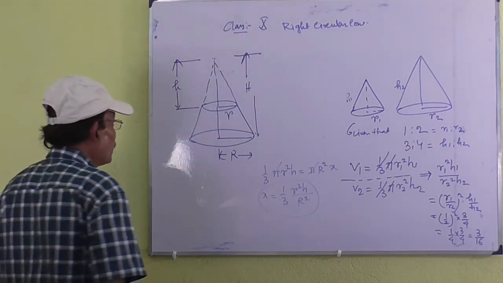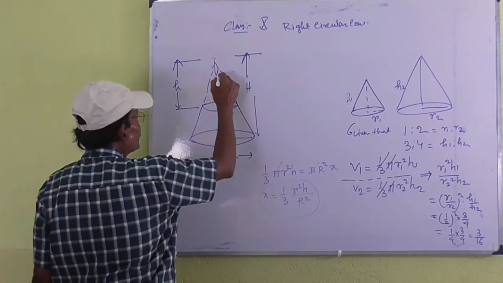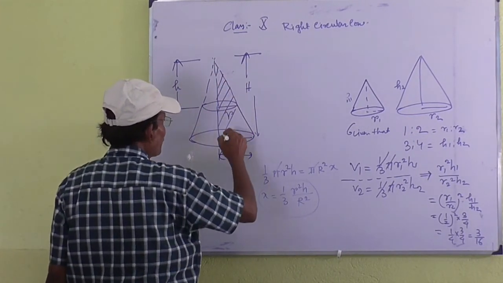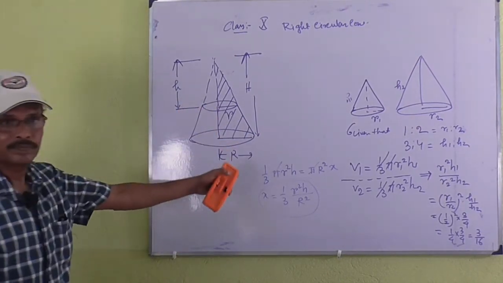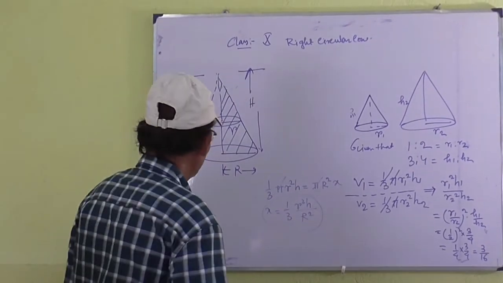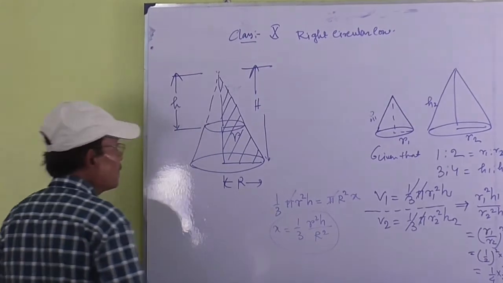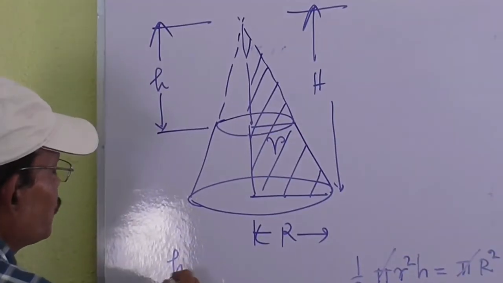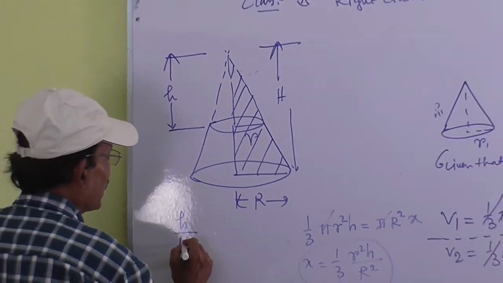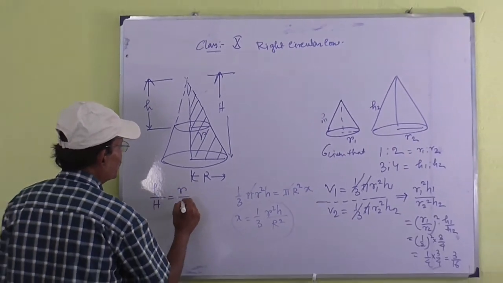Clear? So, from this figure, if we take this portion, by the law of similarity, h by H equal to r by R.